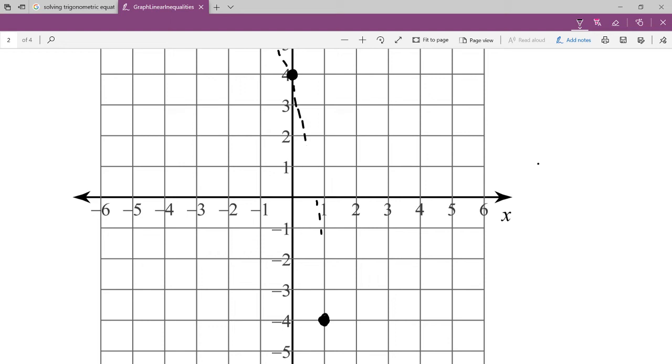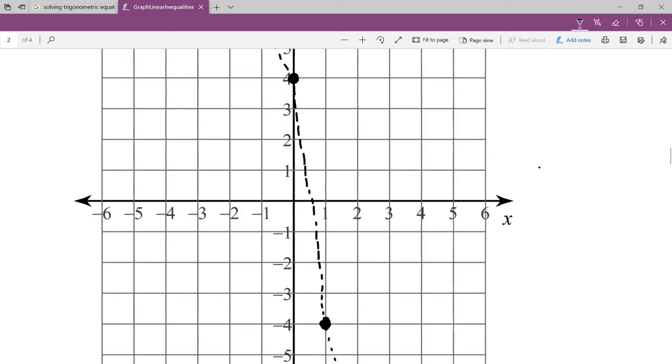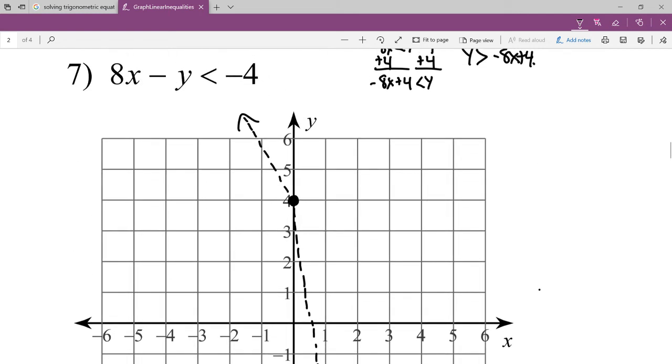So it's kind of difficult when you have 2 points very close to each other. This one's a bit difficult, so bear with me.